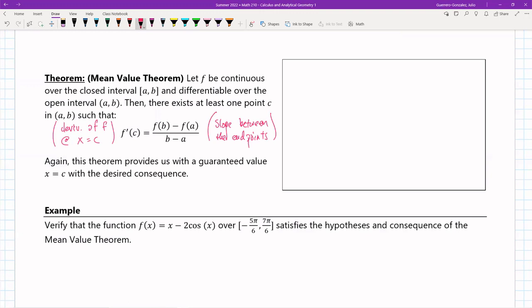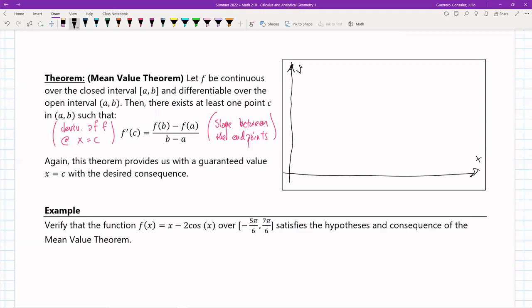So let me now draw a picture of what this means. You guys can see that it's similar to Rolle's theorem, but not exactly. It's a little bit more general in this case. So I'm going to go ahead and draw the X and the Y. All right, here's my Y-axis and my X-axis.